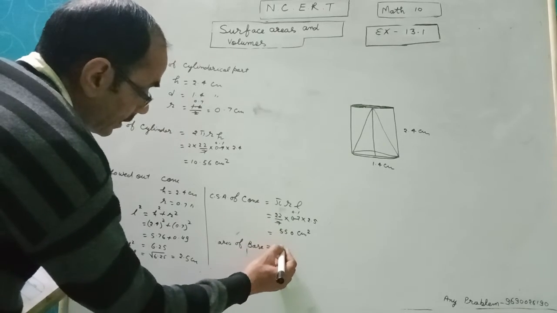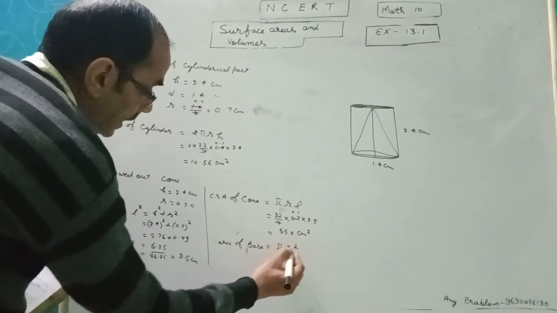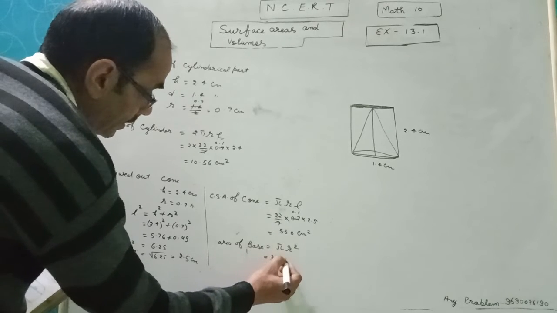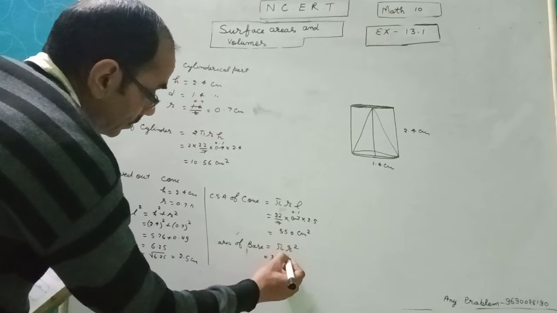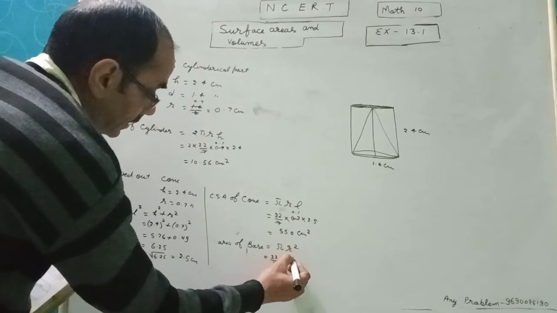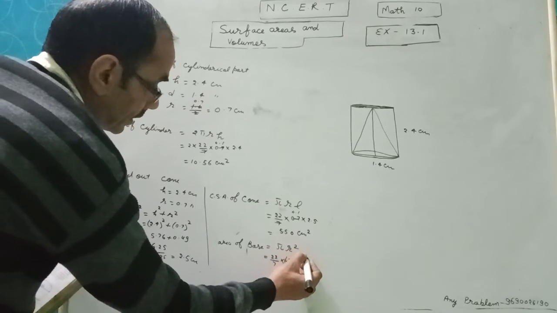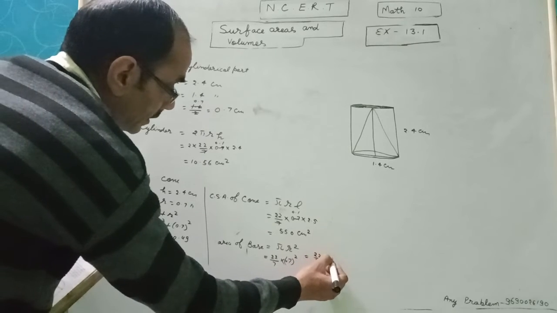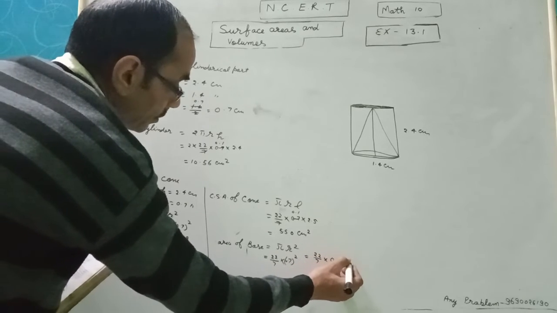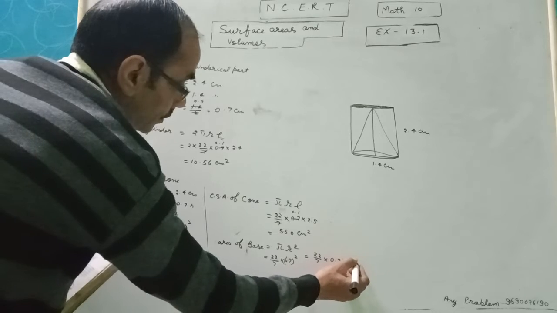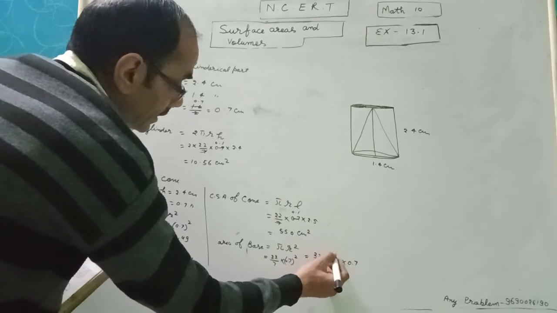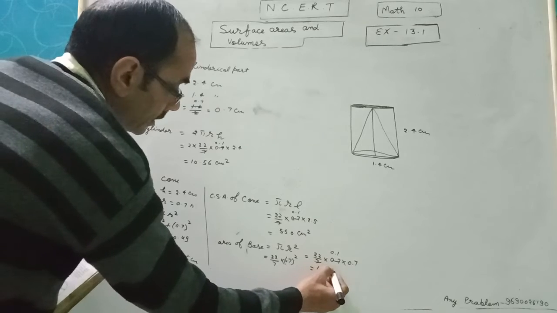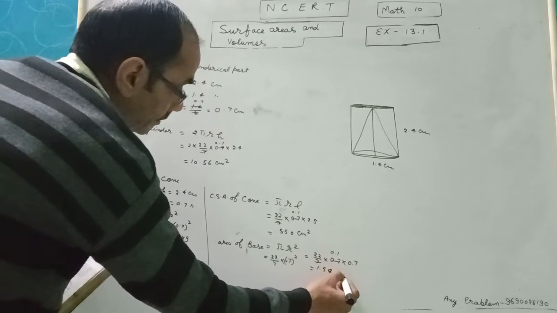Area of base is equal to pi r square. Pi value is 22/7, R value 0.7 square, which is 22/7 into 0.7 into 0.7. 7 divided by 0.1. After multiplying, 1.54 cm square.